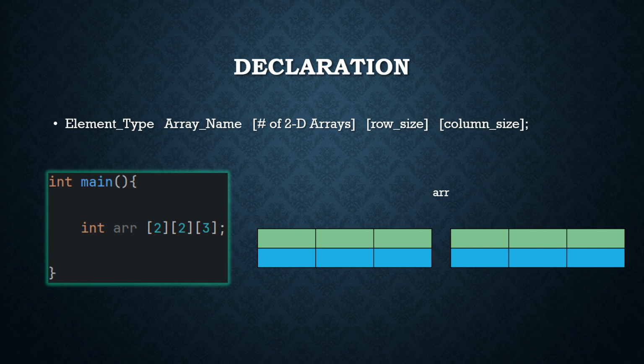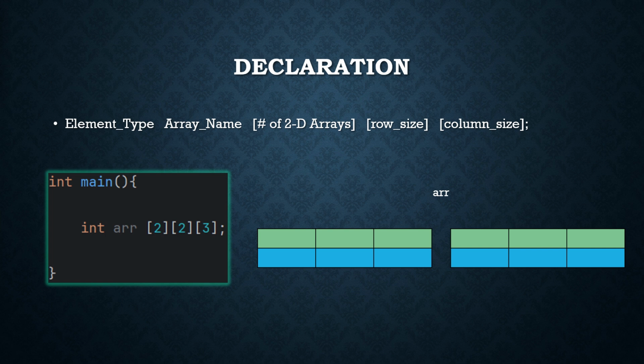To declare a three-dimensional array, we write the array type and name, then specify the number of two-dimensional arrays in brackets. Then we have to write the number of rows in brackets and the number of columns in a separate bracket. Each bracket represents a different dimension.